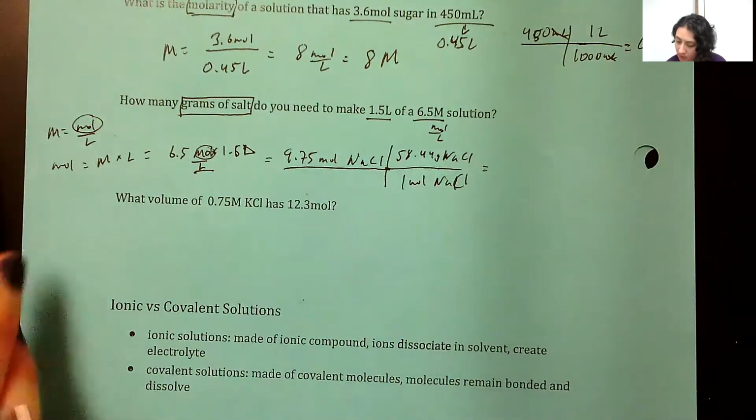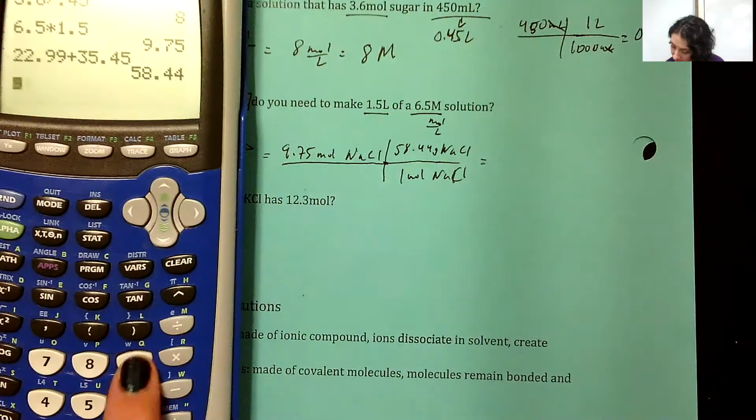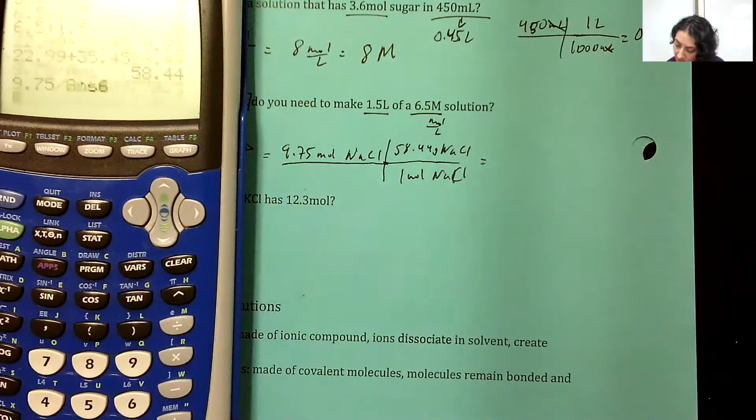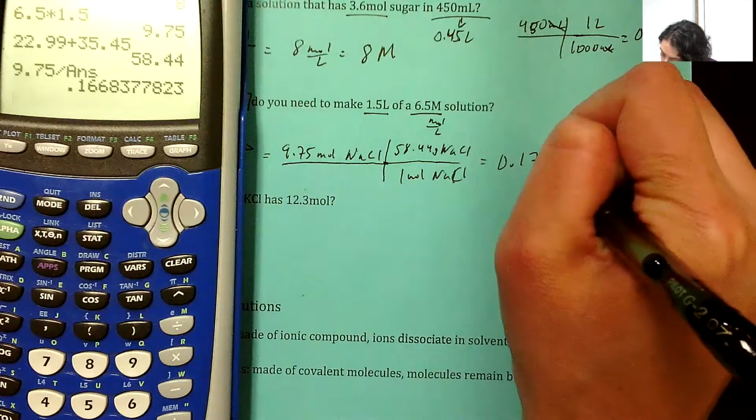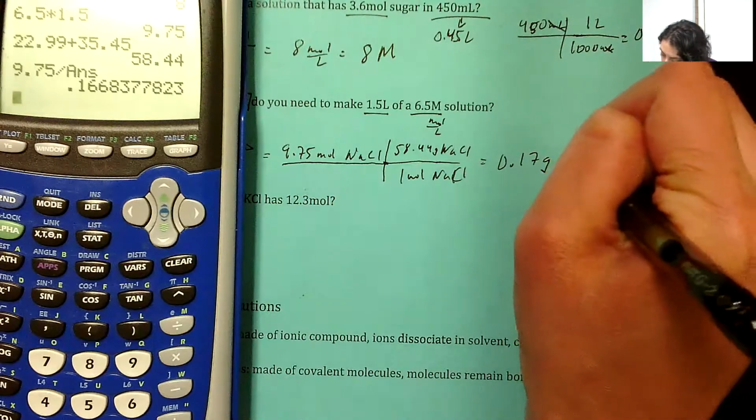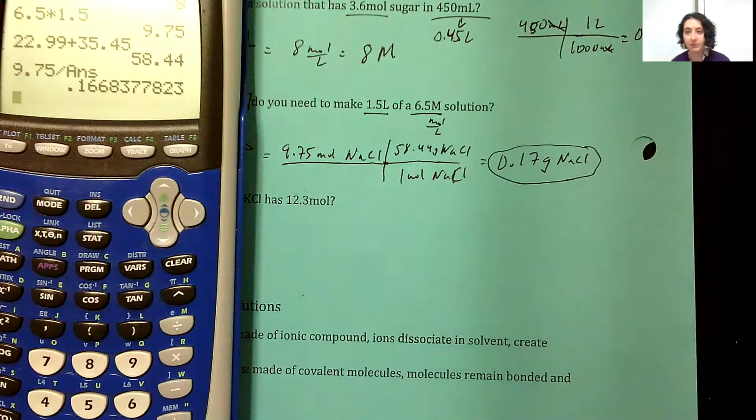Okay, so we're going to take 9.75 and divide it by 58.44, and that's going to equal 0.17 grams of sodium chloride, and that's our answer.